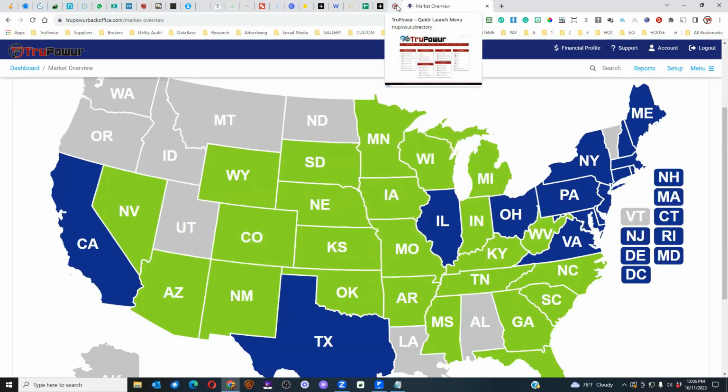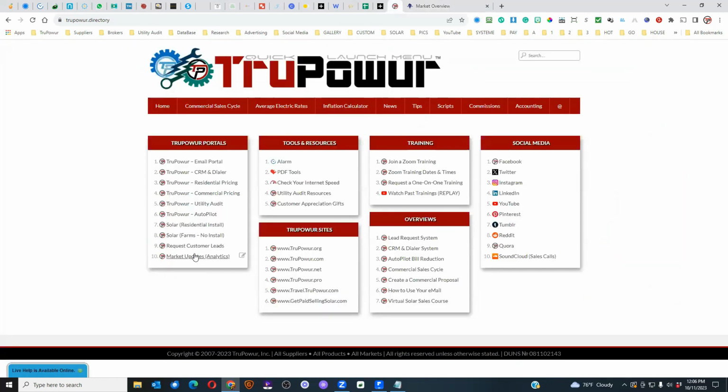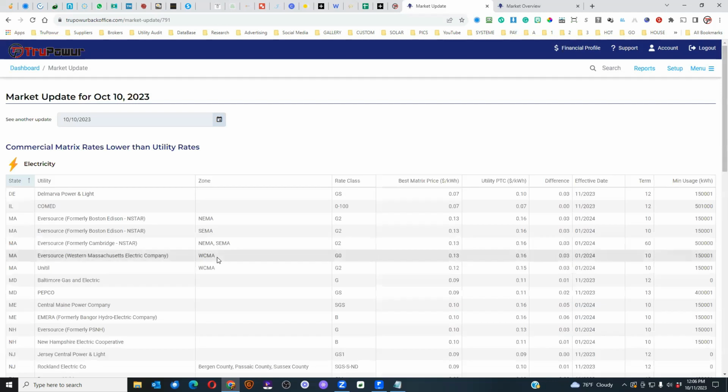So if you always key in by using the market updates, you're sure to make sure that those customers you're helping are going to be in areas where we can facilitate transactions at a much higher level.